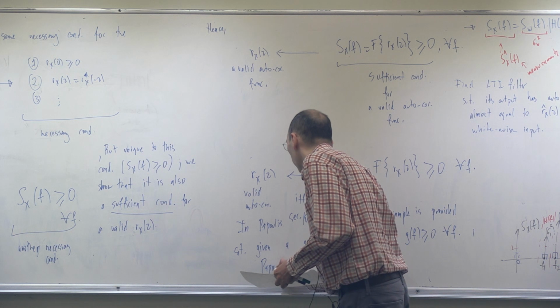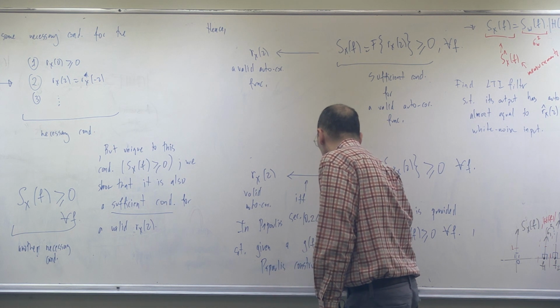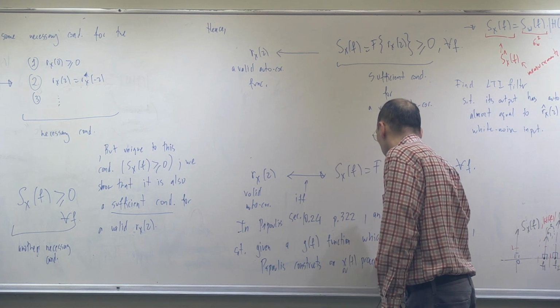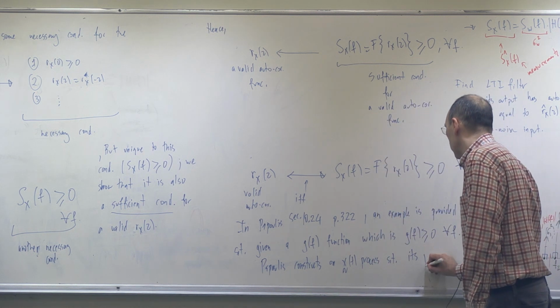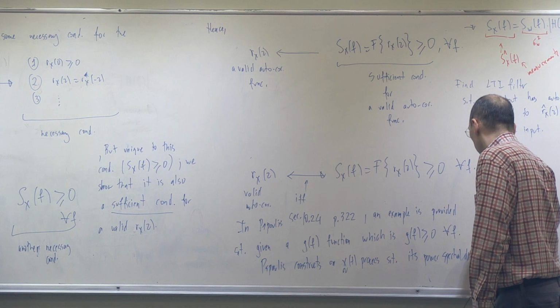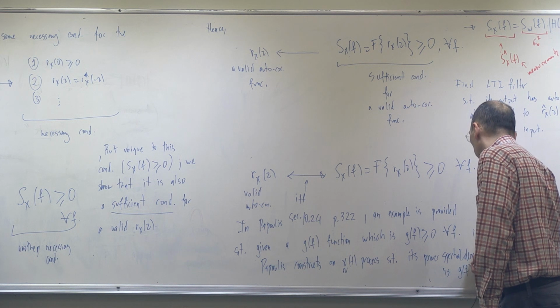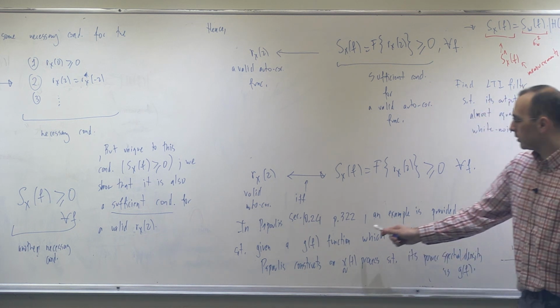Papoulis constructs an x of t process such that its power spectral density is G of f.